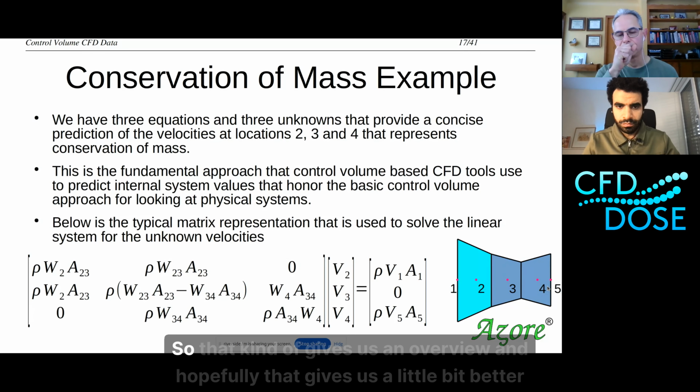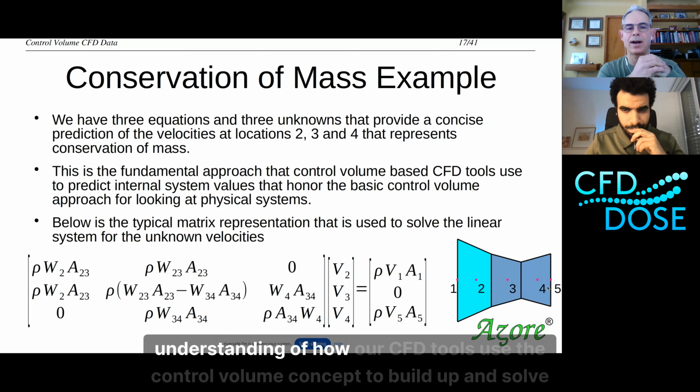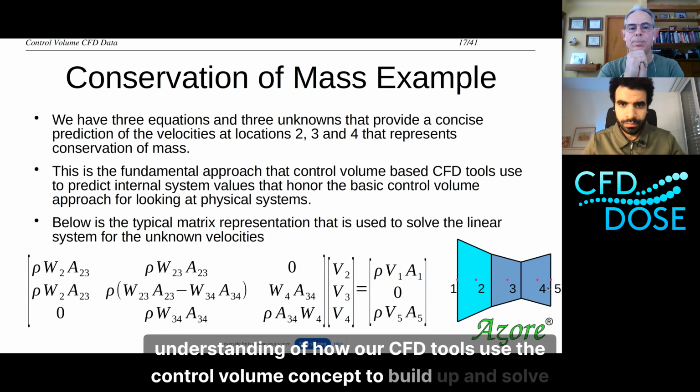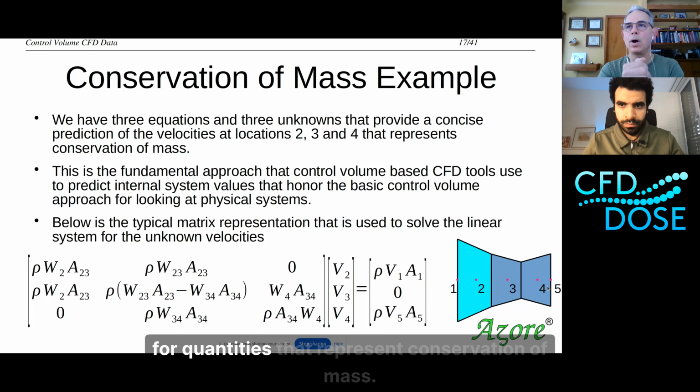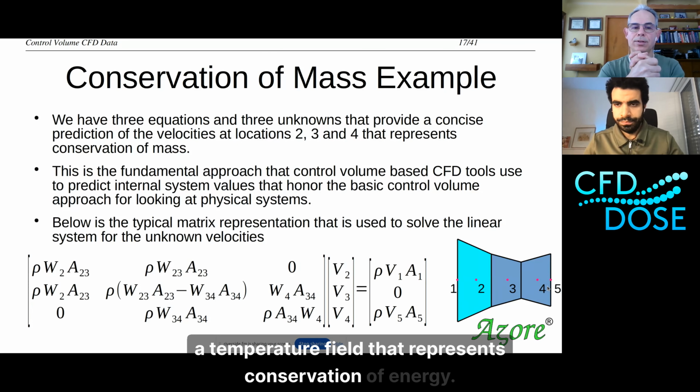So that gives us an overview, and hopefully a little better understanding of how our CFD tools use the control volume concept to build up and solve for quantities that represent conservation of mass. Another example is conservation of energy. You would find a temperature field that represents conservation of energy.